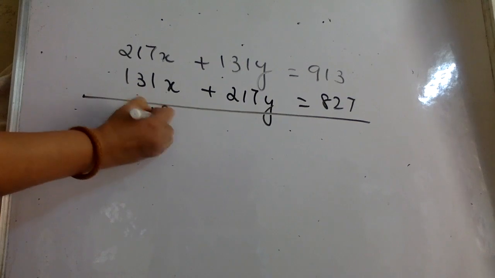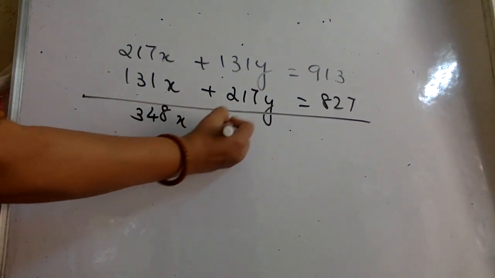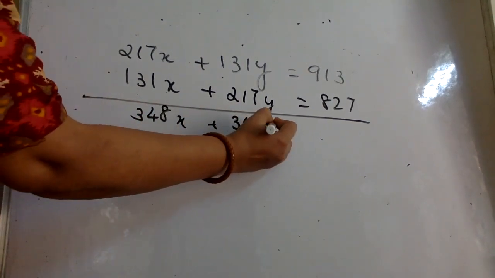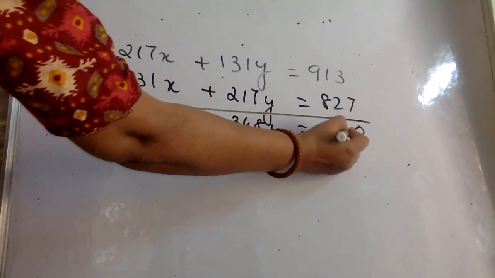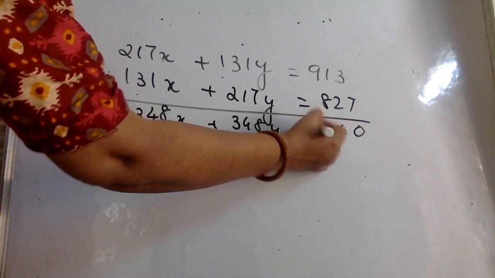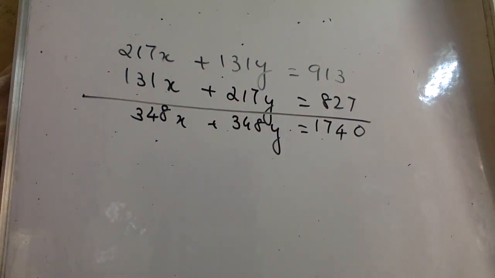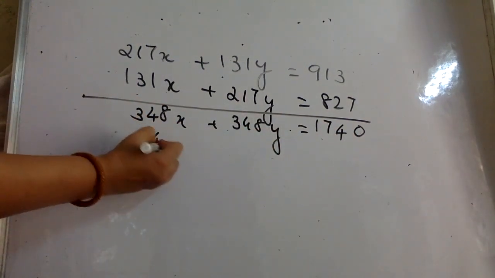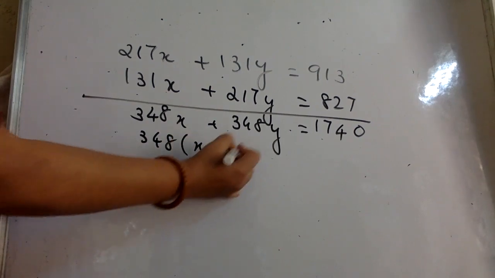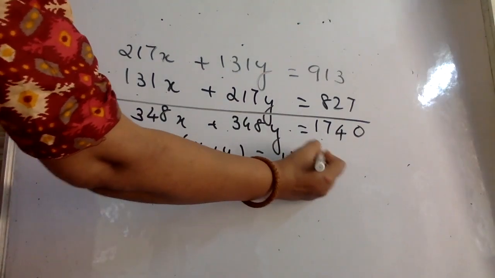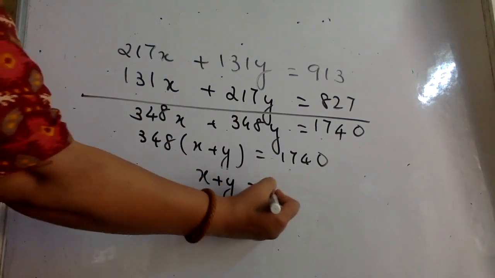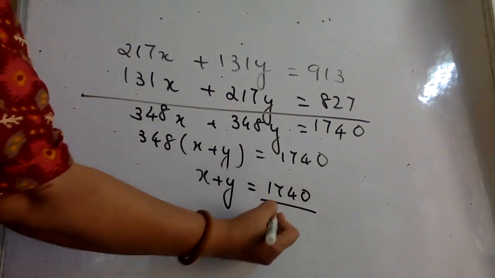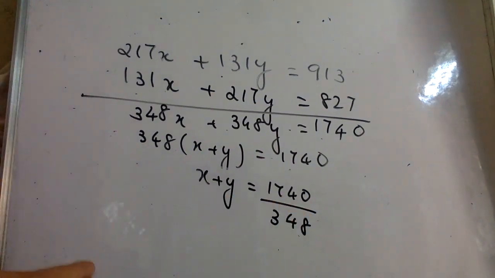So there's an 348x, 348y, and that is a 1740. Okay, 348 is taken common, x plus y, and 1740. So we have x plus y is 1740 by 348.